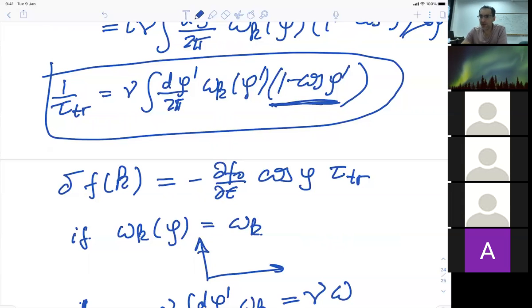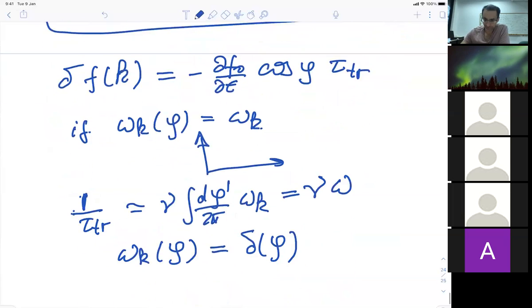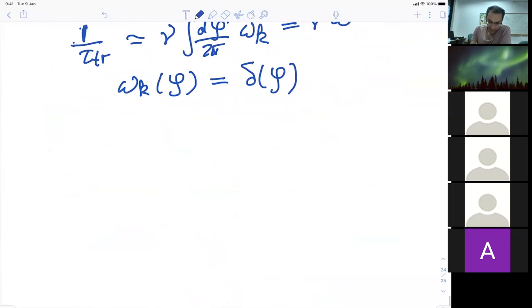So what does this show? The physical picture is very simple. Imagine that there are impurities, and an electron goes and scatters off these impurities.